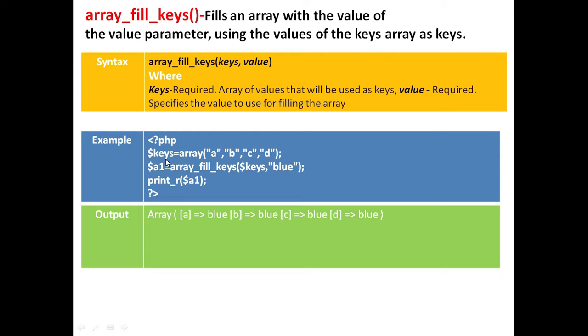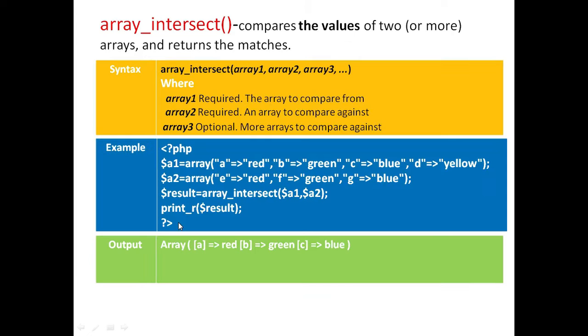Here I define the array keys with values A, B, C, D. Here I use array_fill_keys with the array name as keys and blue as a value. Then it will use values of the array as key values, that is A, B and C, D, and it will assign blue as a value for those keys.